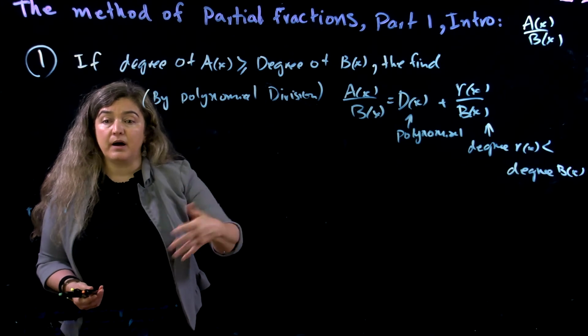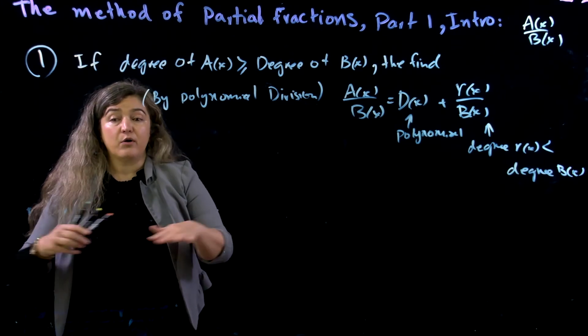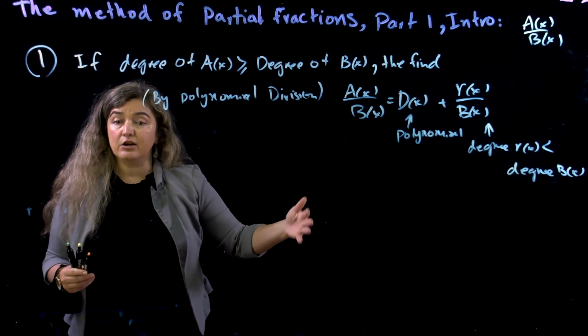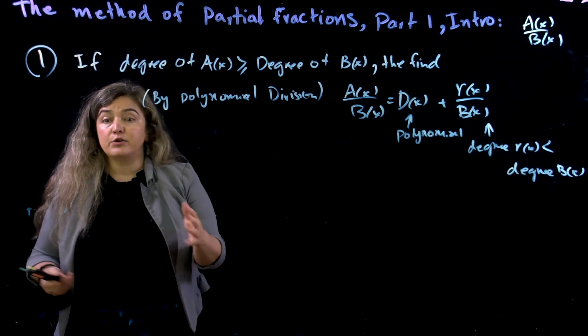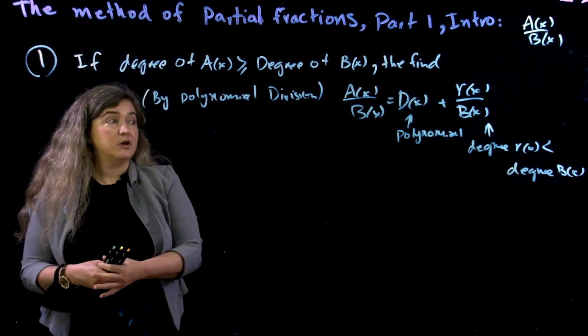And assume by the fundamental theorem of algebra, you have already broken down the denominator into linear and quadratic factors, where you cannot reduce those quadratic factors in real numbers.